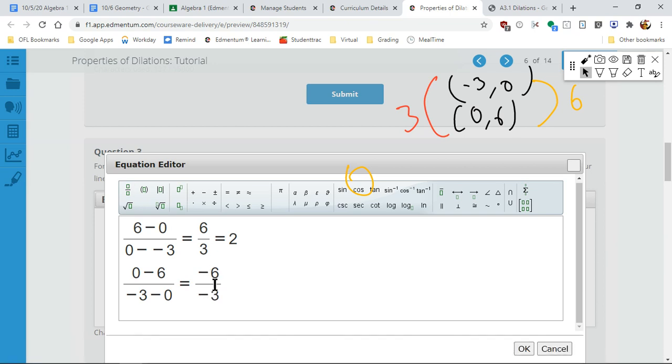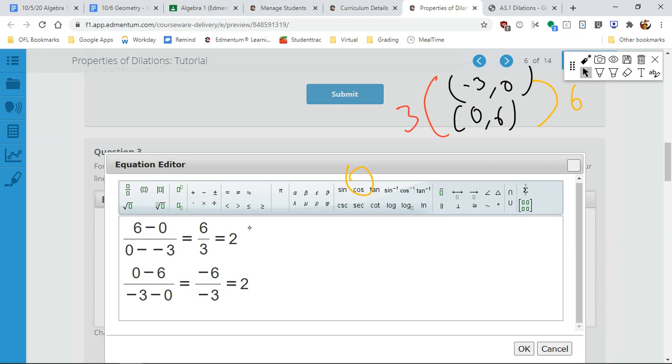And what we know about a negative divided by a negative is it's still going to be a positive. So don't worry about what's my point one, what's my point two. As long as you keep them together, it's going to be okay. One of them is down 6, left 3. The other one is up 6, right 3, which is the same thing.